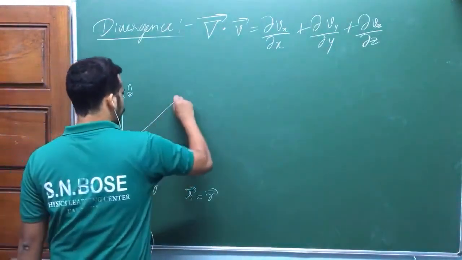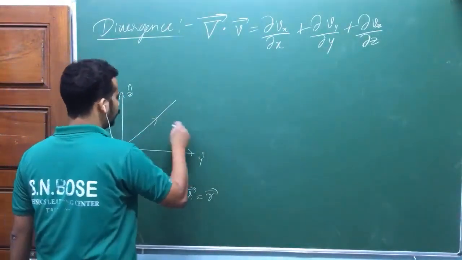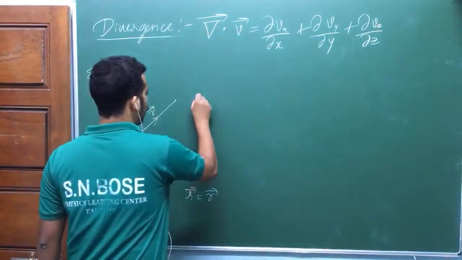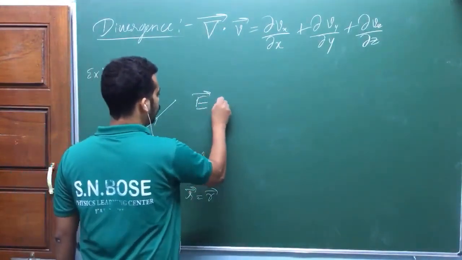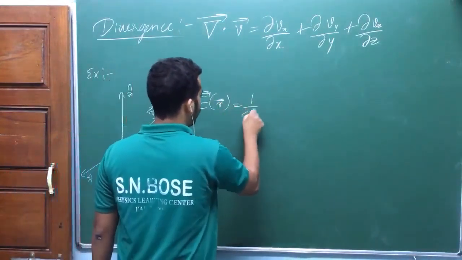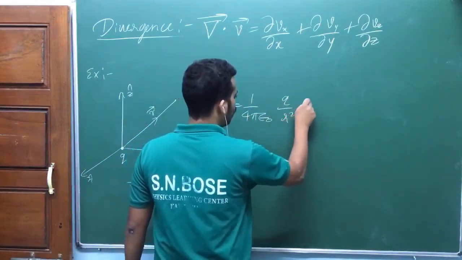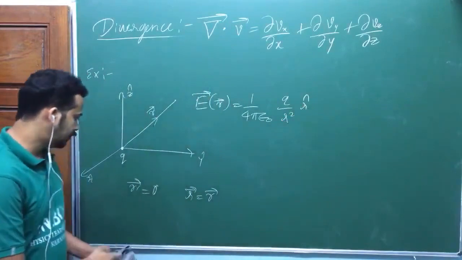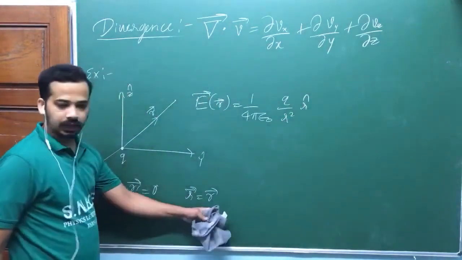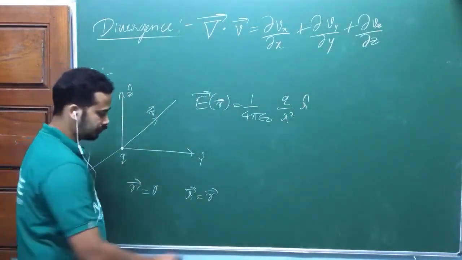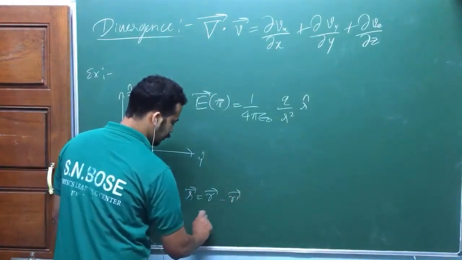So that's why to find electric field at this point, you can write electric field due to this one, that's equal to 1 by 4 pi epsilon naught, q by r square into r cap. But since r prime vector is 0, italic r vector is same as this r vector. Is that okay?